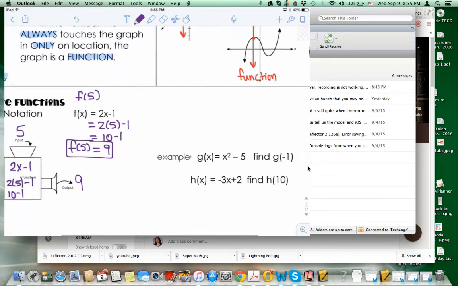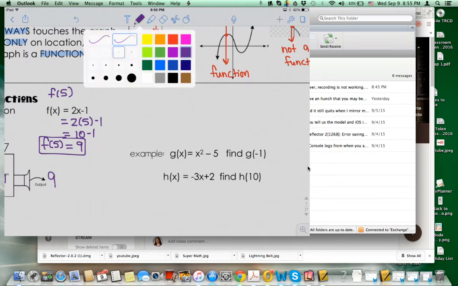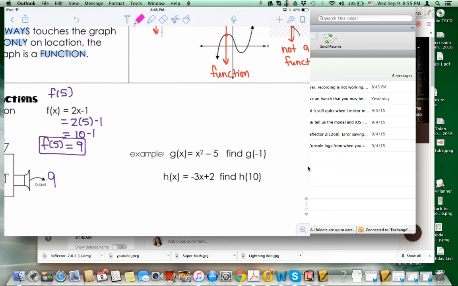So let's look at a practice problem. So this time we're going to put the function when you drop in a negative 1. Now I'm going to put that in parentheses because it's squared and we want to actually square the negative with it. Minus 5. Negative 1 times negative 1 is positive 1. Minus 5, that is negative 4. So the function, when we drop in negative 1, is negative 4.